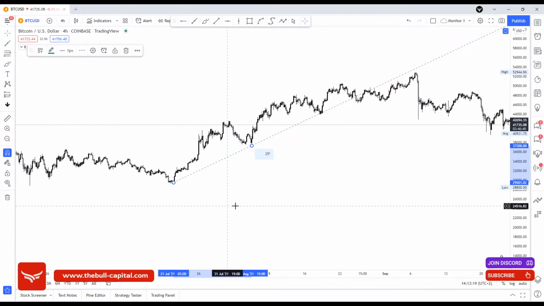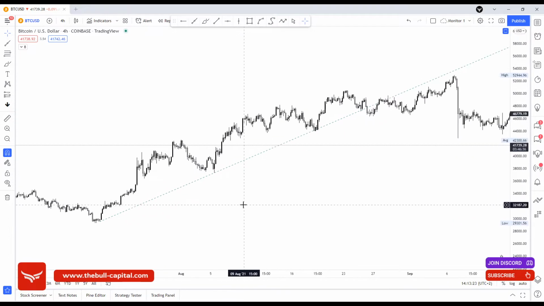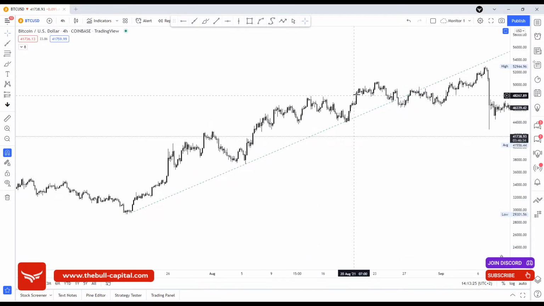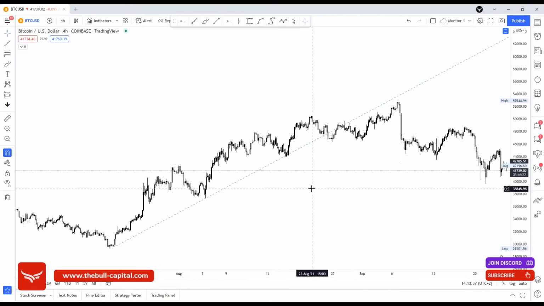I'm gonna mark it with red. So here we have an uptrend, so the market is moving upwards. And a downtrend is mostly formed when an uptrend is being broken.